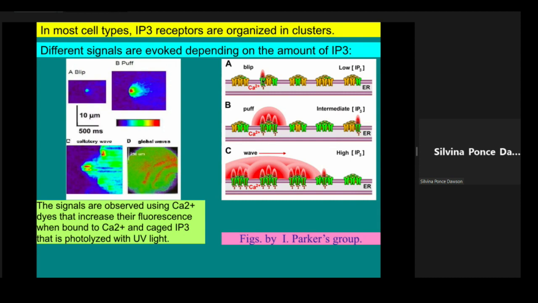If you have very few channels that have IP3 bound, then if one of them becomes open and releases calcium, there are not too many nearby channels with IP3 bound, so you cannot propagate the wave. But if you have many channels with IP3 bound, then you are able to propagate the wave through CICR. Because of this non-uniform distribution, in some cases you can have what is called propagation failure.